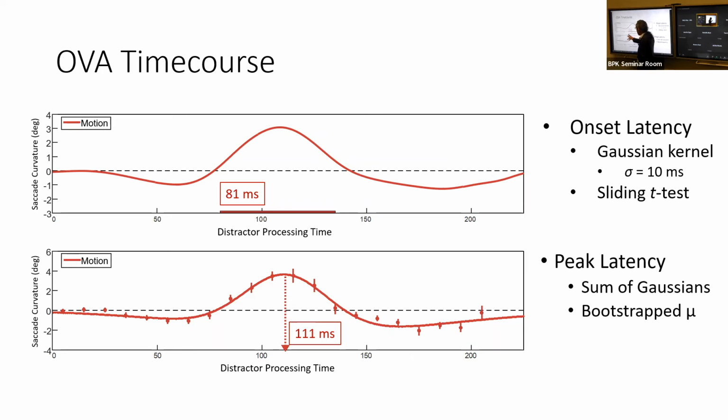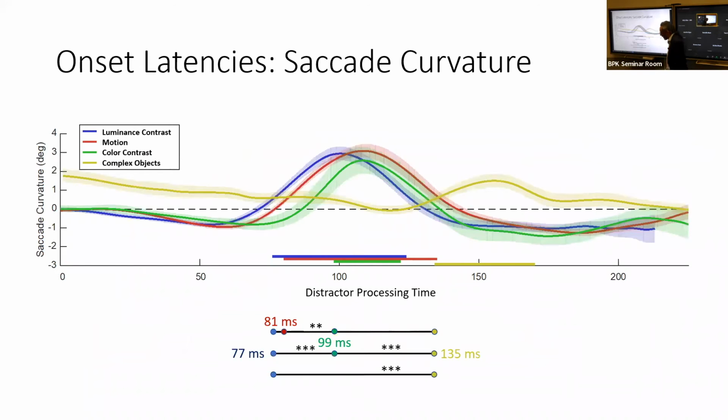And what we find is that it takes 81 milliseconds of distractor processing time to start having an effect, driving the curvature towards the distractor for a motion stimulus. The peak of the activity occurs at 111 milliseconds. So 81 should be the time that we're looking for the latencies in areas that process motion, and 111 is the peak activity in that area.